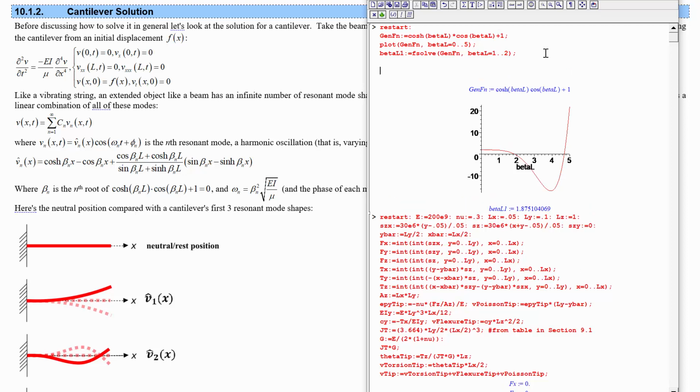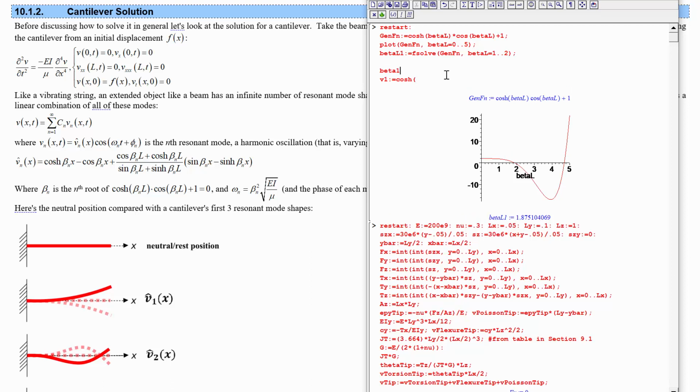Now, when we have that, we are going to have V1, which is what we get when we substitute beta L1 into this equation. So that would be cosh of, okay, so hold on. If this is beta L, what's beta? Well, beta 1 would be beta L1 divided by L, whatever L is.